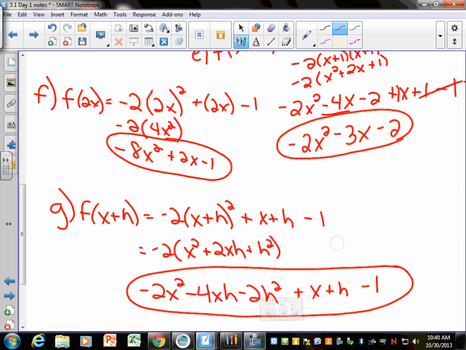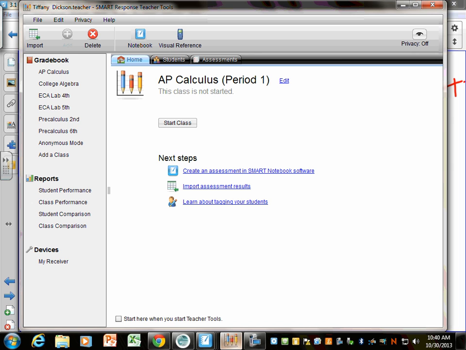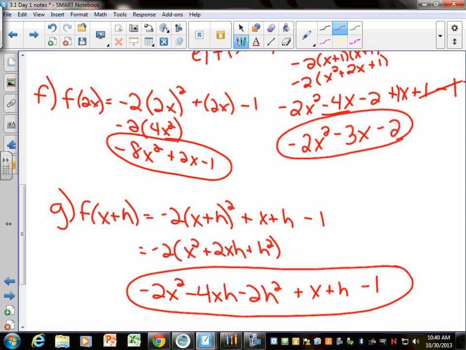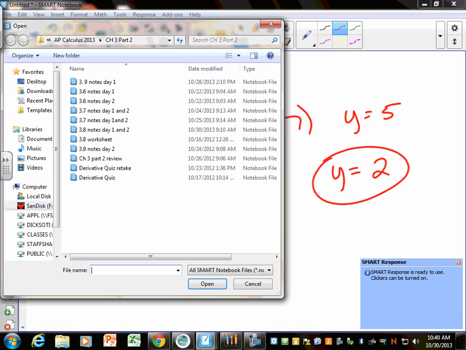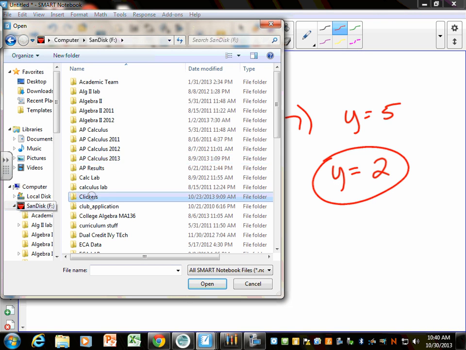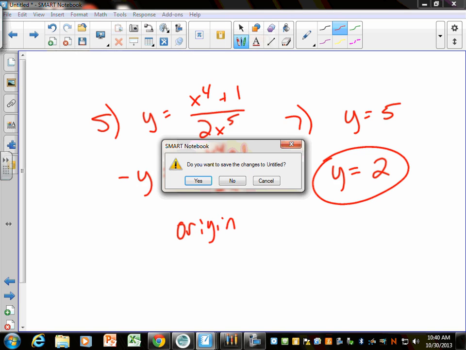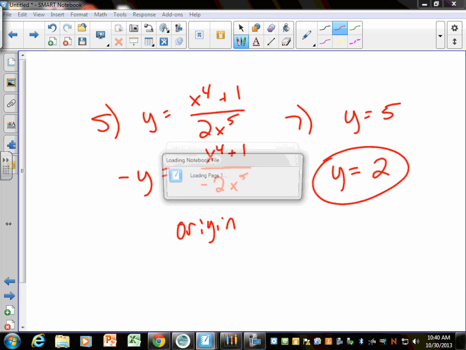Oh wait, that's not what I want. Is that right? There's 2.5. Yes. College algebra. Start class. I forgot to get our clickers' logins.